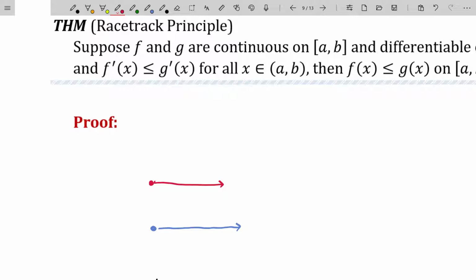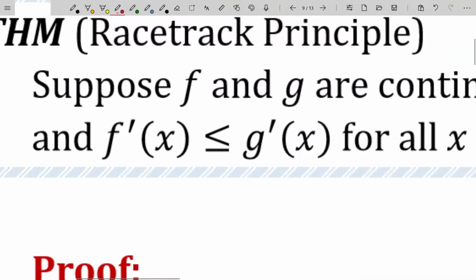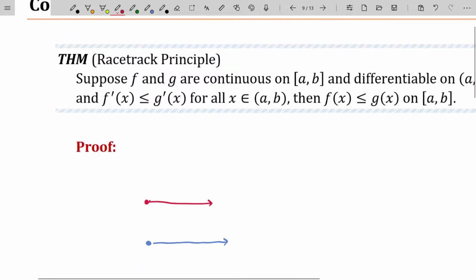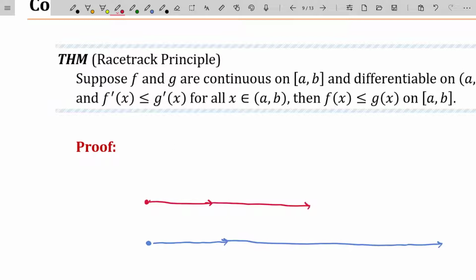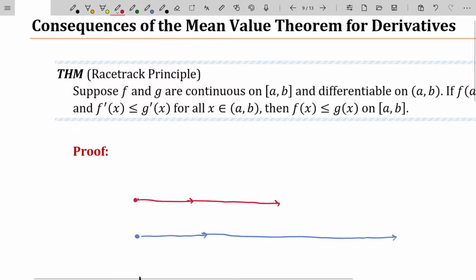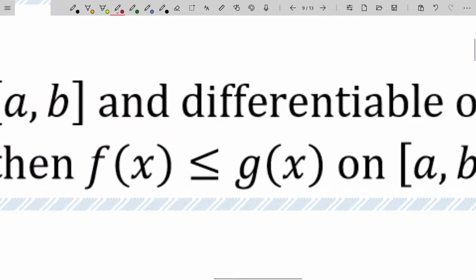And so therefore, for the rest of the race, if that inequality still holds, horse g is faster than horse f, then for the rest of the race, horse g is going to be in front of horse f because horse f is always slower. So that's why we get g of x is always ahead of f of x on that entire interval.